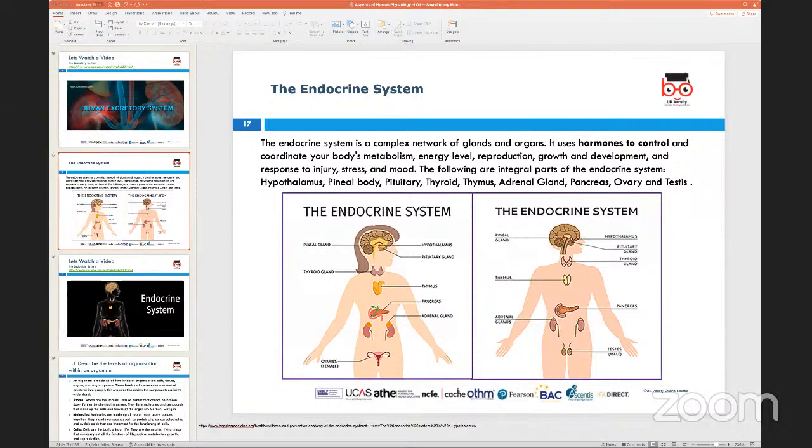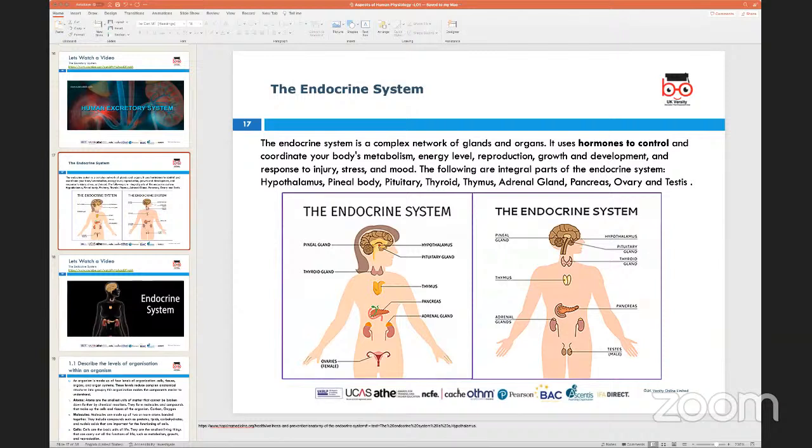What I mean is that this system consists of glands which produce and release hormones. These hormones are termed chemical messengers that regulate various body functions.